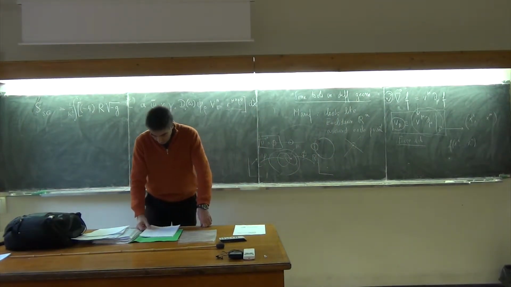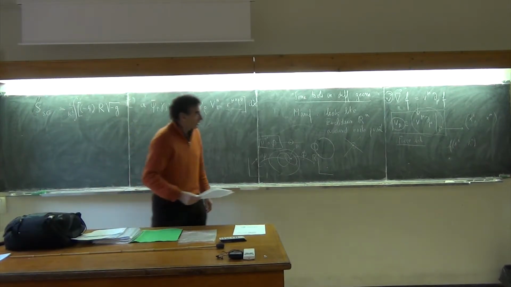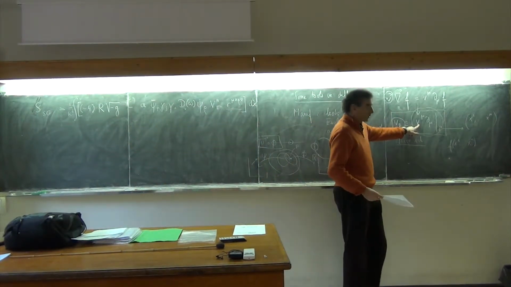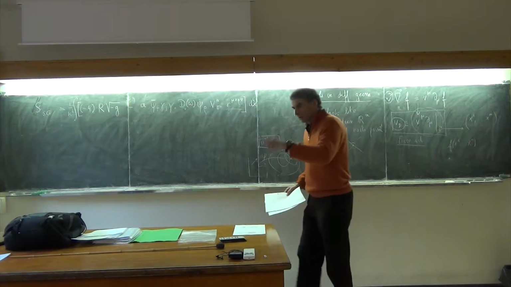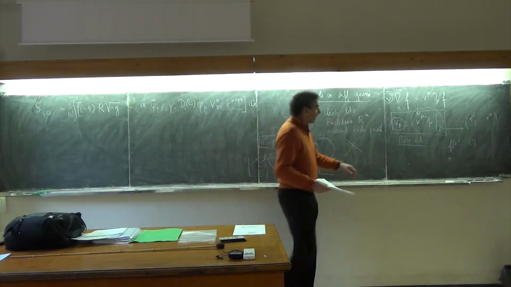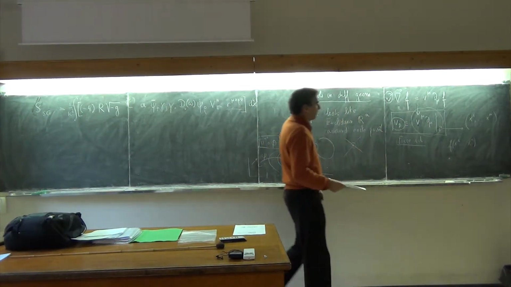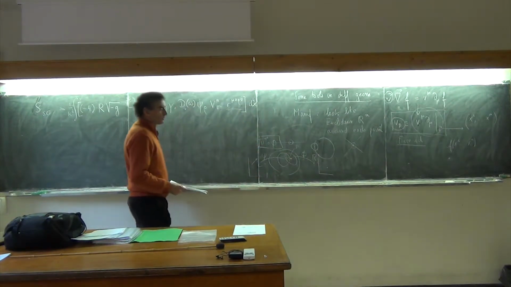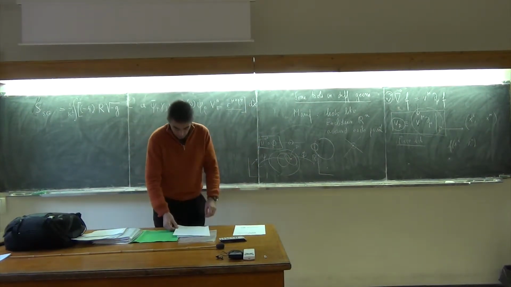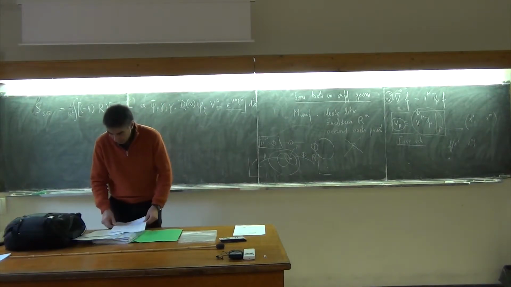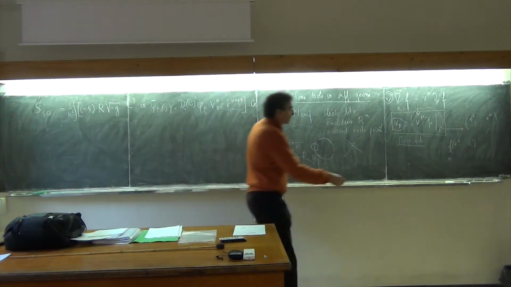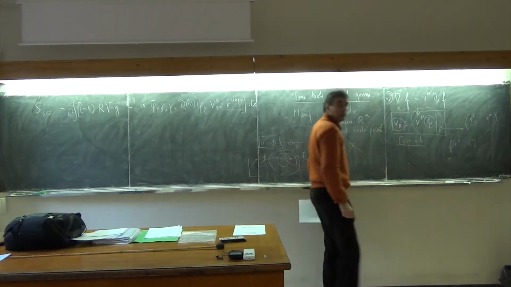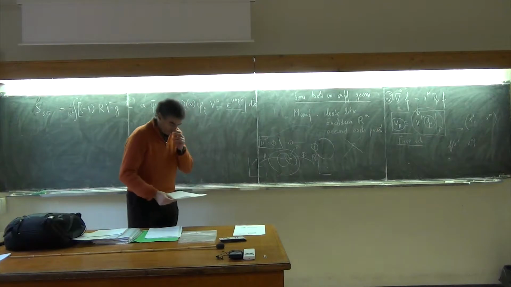Now, as you see, it's clear that these coordinates of the tangent vector depend on the coordinate map, because if you change coordinates, this changes as the Jacobian of the transformation, and these must change in the contragradient way. Okay, now the basis of this tangent vector, as you see, is simply given by the partial derivative, this you can see as a basis of the tangent vectors.